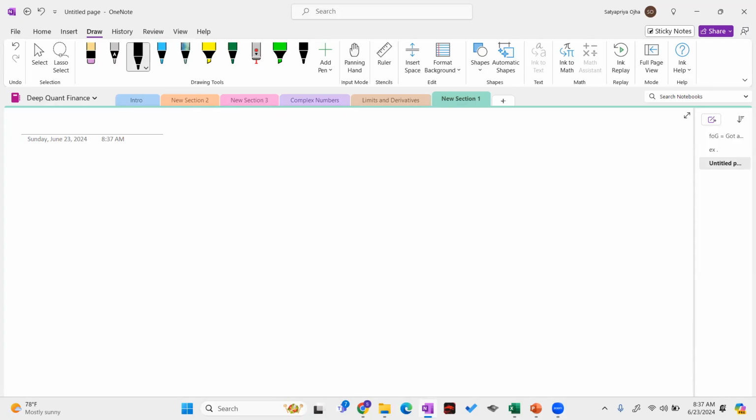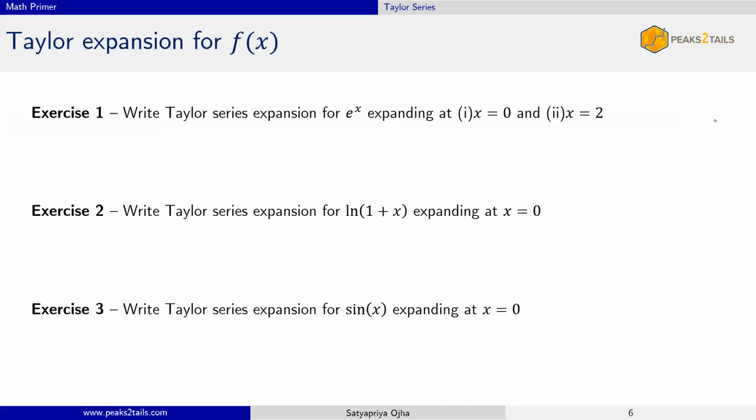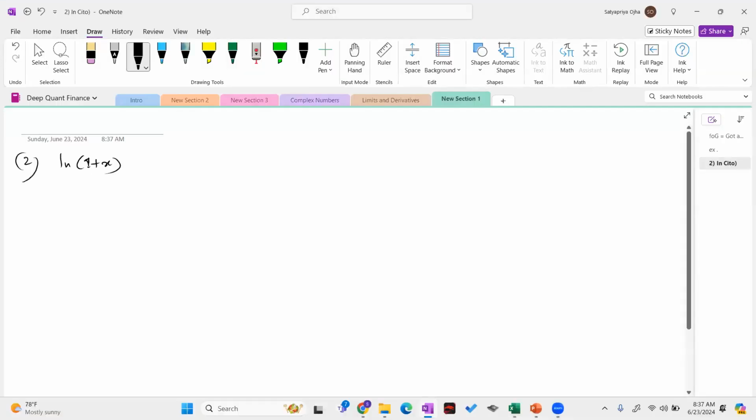So the next question was log 1 plus x, right? Expand at x equal to 0. You can also expand at other values, but now let's write a few derivatives. F dash x is 1 by 1 plus x.